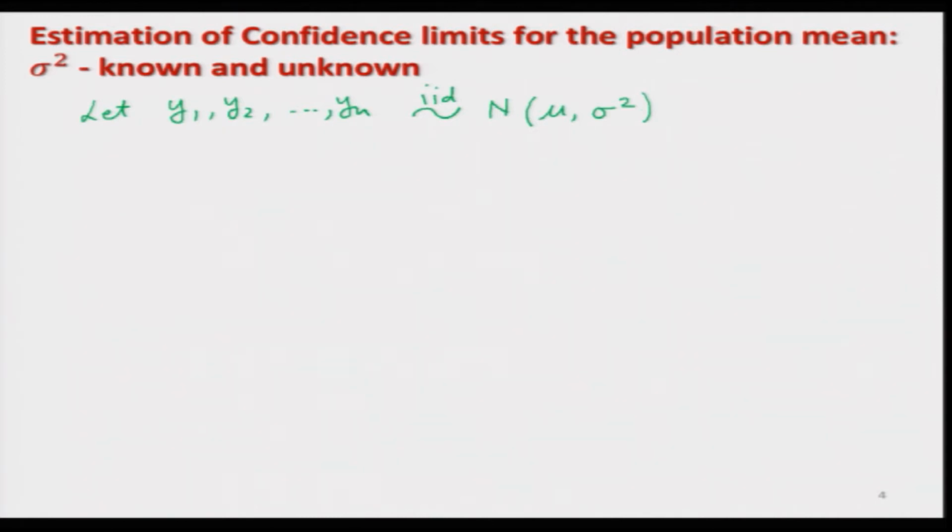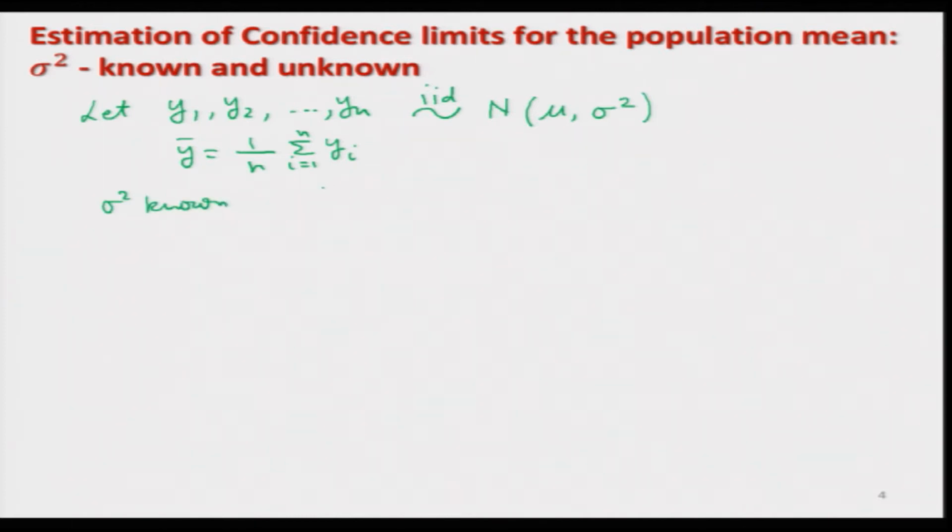Now, if you define a quantity y bar, which is your sample mean, 1 upon small n, the sum of i from 1 to small n of yi, then I have two cases. One is sigma square known.